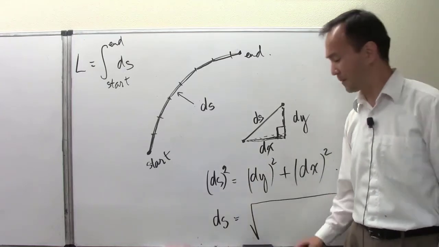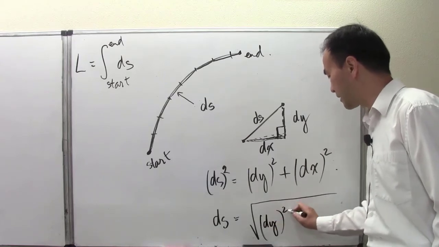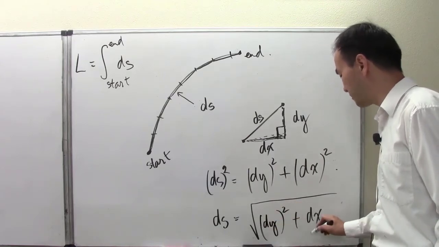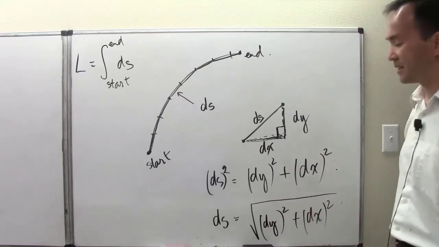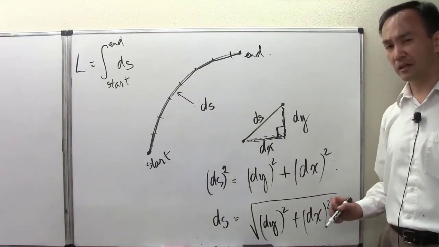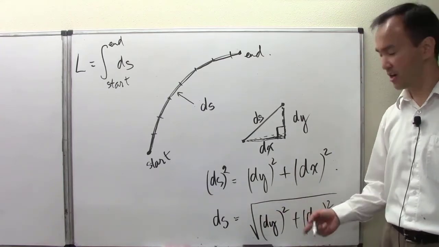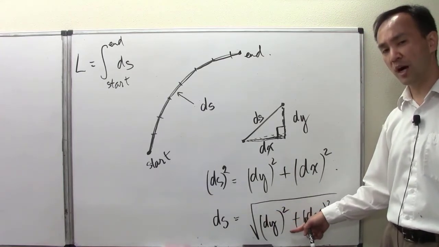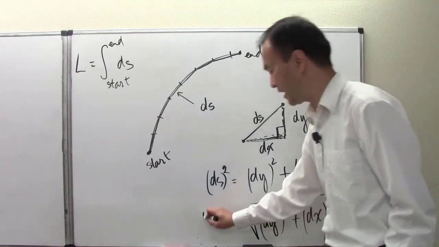So here we're looking at the square root of dy squared plus dx squared, all under the square root. And that's the expression. So ultimately, ds is the square root of the differential dy squared plus the differential dx squared. That's how we express ds.